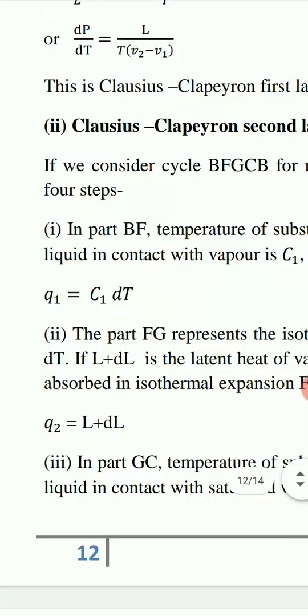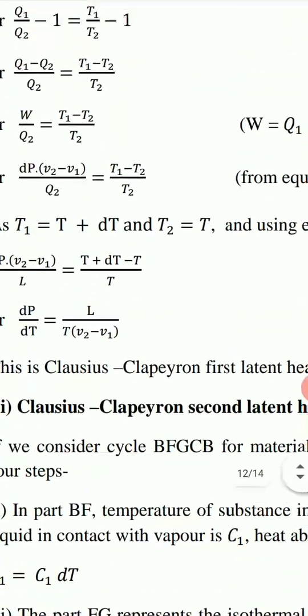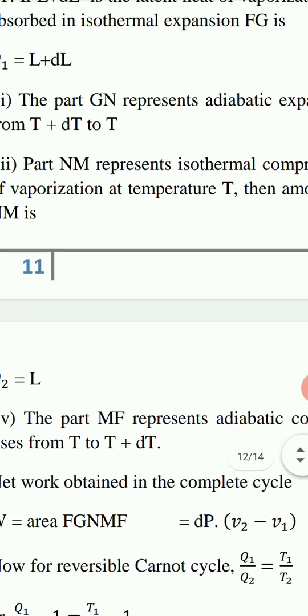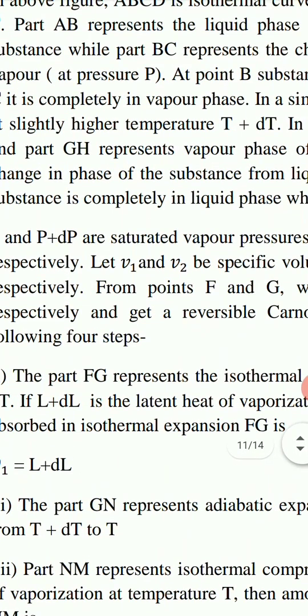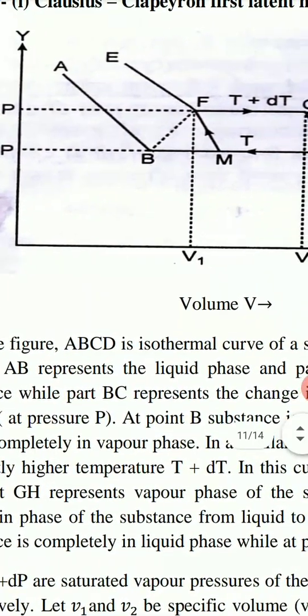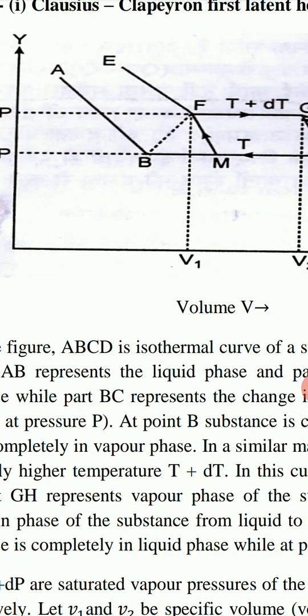So there are 4 processes. The first process we consider is BF. In this first process, the temperature of the substance increases from T to T plus dt. So its temperature is increased by dt.